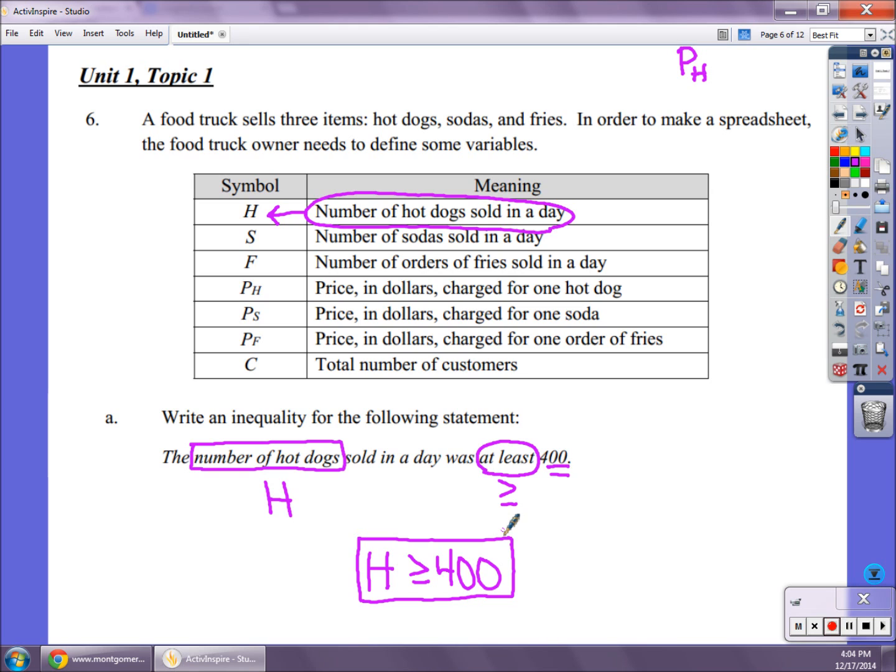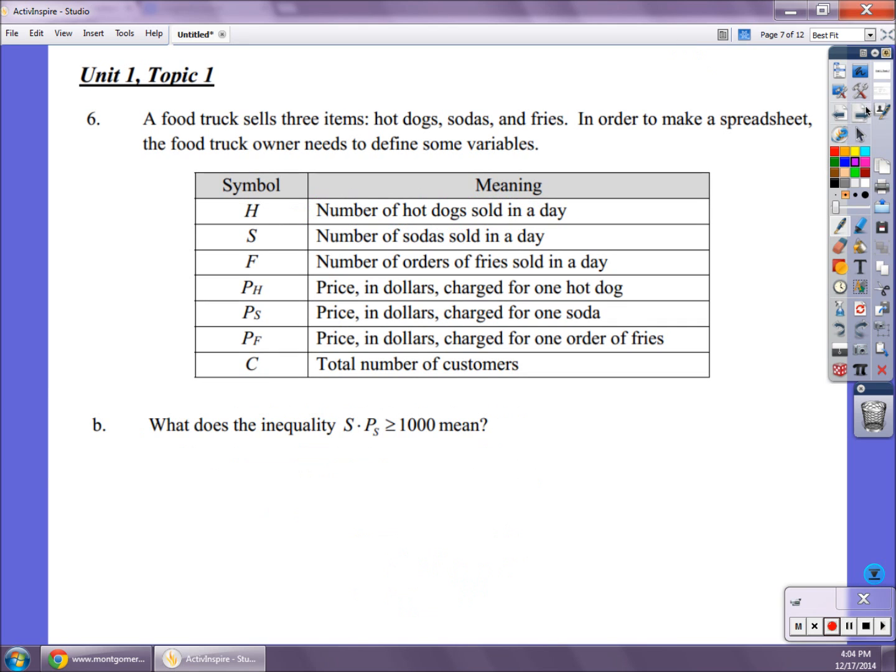Moving on, let's look at B. Part B. What does the inequality S times P sub S is greater than or equal to 1,000 mean? We really need to think about what's going on here.